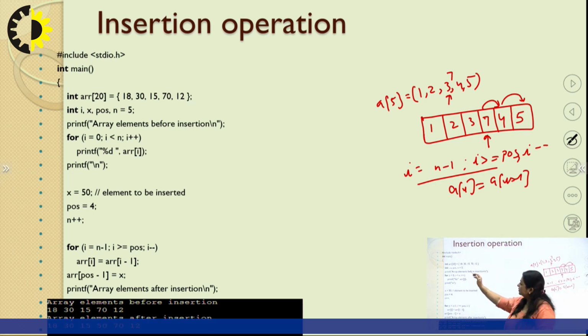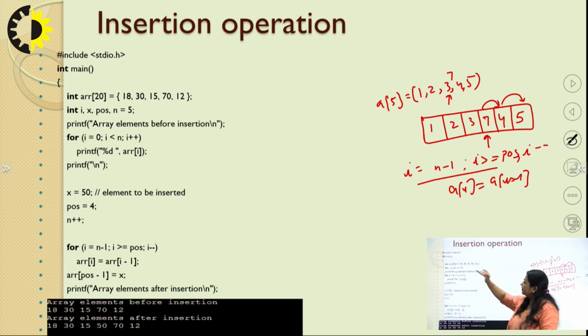You can see here the program starts from #include <stdio.h>, then int main, and different variables can be declared as integers, taking the size of the array as 20. Here are the elements that can be shown.